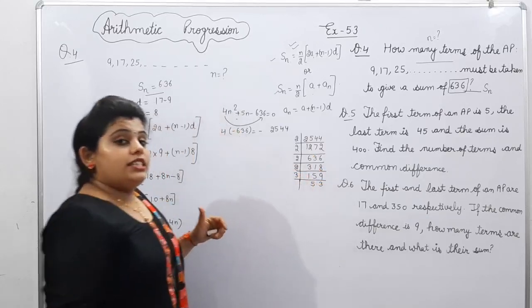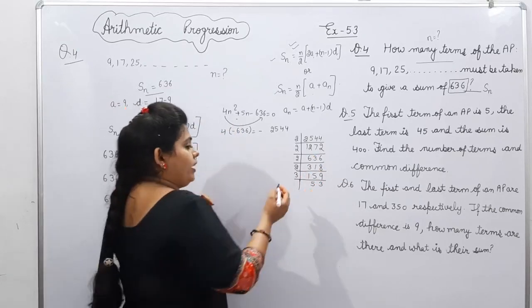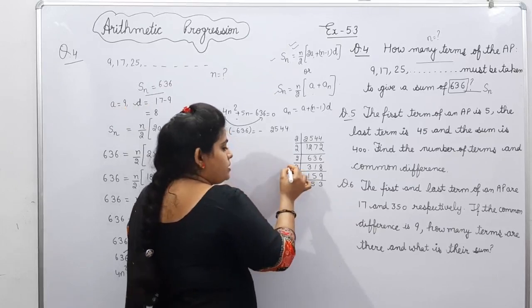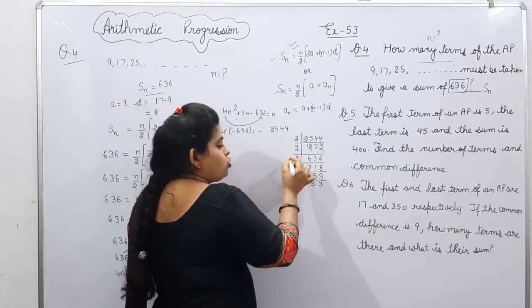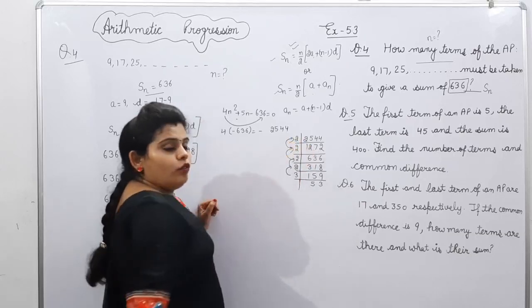Now 53 is divisible by 53 itself because it is a prime number. Now do the factors: 3 twos are 6, 6 twos are 12, 12 twos are 24, 24 twos are 48.